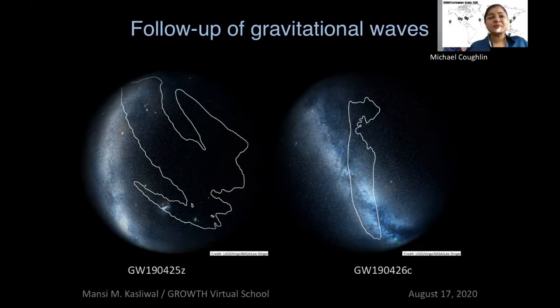Most of the events from the past year looked more like these 2 examples I show you here, where the localization is thousands of square degrees. The median was actually 4,400 square degrees. And we are searching through this large stack of hundreds of thousands of potential candidate counterparts, and we're trying to identify which one could be the true kilonova.